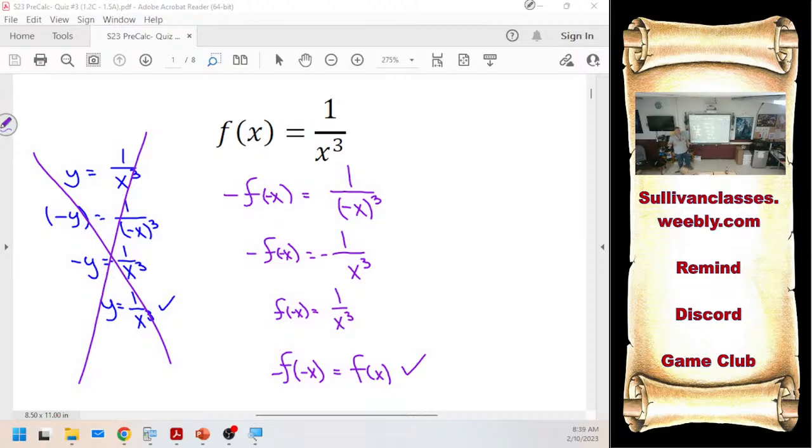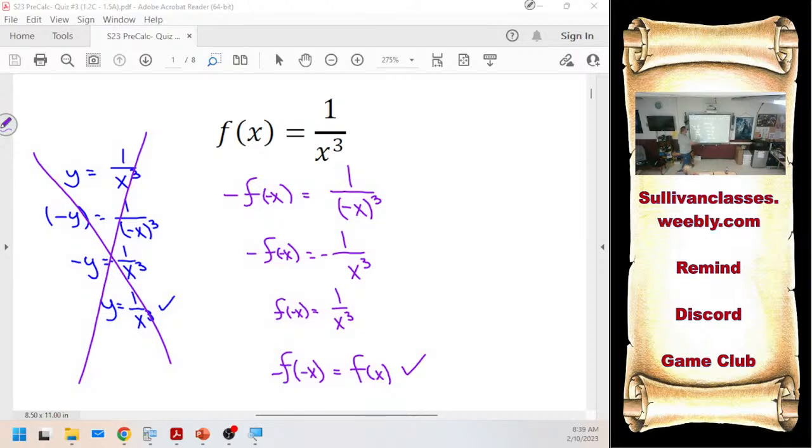Now I do need to find a point on this graph so that I can show that symmetry numerically. Remember, it says prove algebraically, support numerically. So how do I find a point on this coordinate? A coordinate on this graph. There we go. Pick a number, throw it in for x, see what we get. 3?